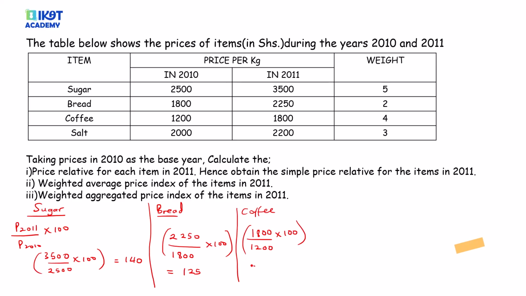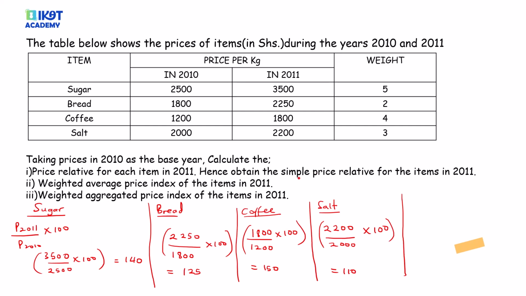For coffee, you get 150. Then you go to the next item, salt. 2011 is this, 2010 is 2,000, times 100. The price relative for salt is 110. So now we've come out with all the price relatives for all these items.